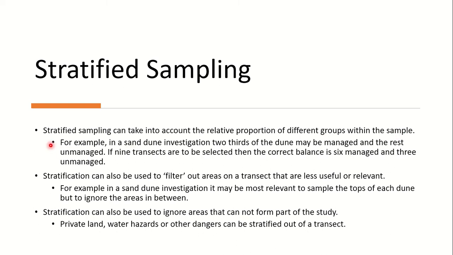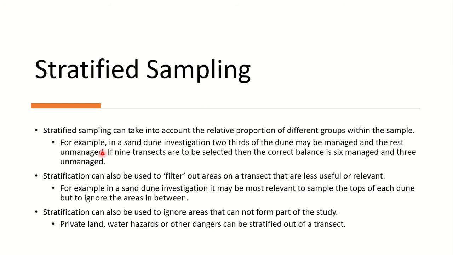For example, in a sand dune investigation, 2/3 of the dunes may be managed. That means that they are in a protected area of land, and they are looked after by a ranger or some kind of environmental group. And the rest of the dunes, the 1/3, are unmanaged. They're just wild. Anybody can walk their dogs on them.